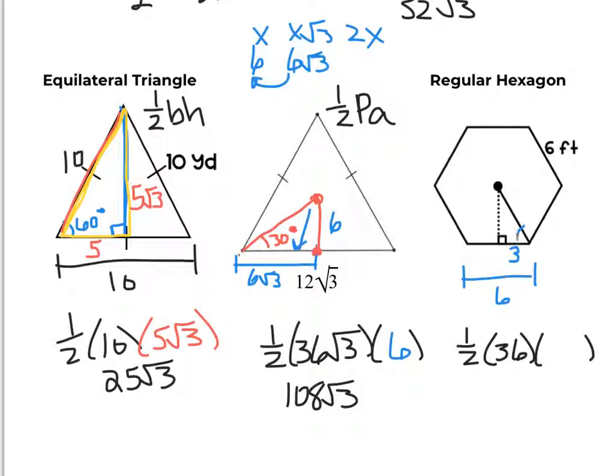And what we need to know for these, this is a 60-degree angle, because the full angle is 120. So then I'm going to take that side and multiply it by square root 3. So my apothem is 3 square root 3. And that's going to give me 54 square root of 3.